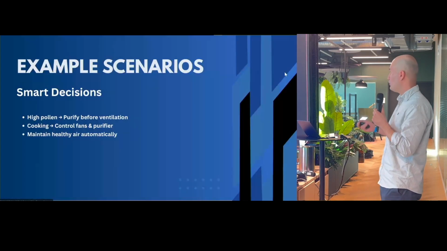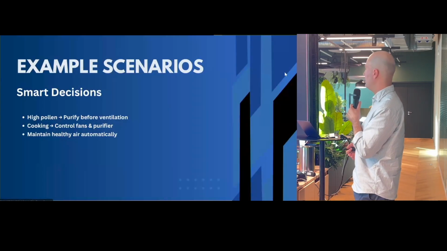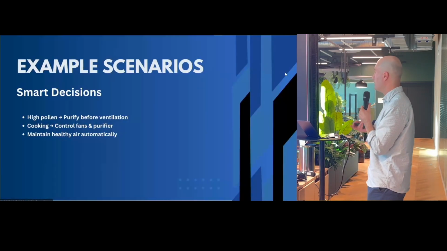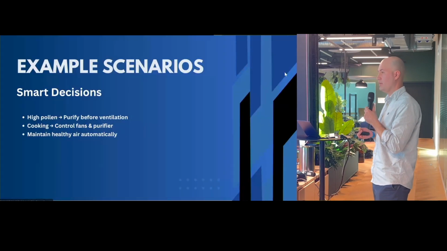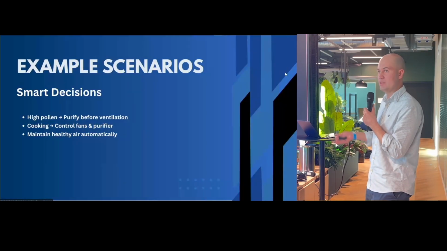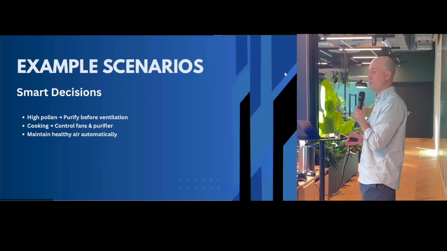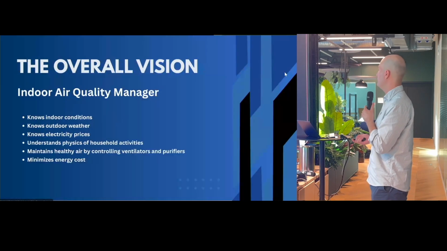For example, when we are cooking, the smart system can activate control fans and purifier based on the information it has from past cooking activity, and also the physics of these processes, because it can also learn the physics.